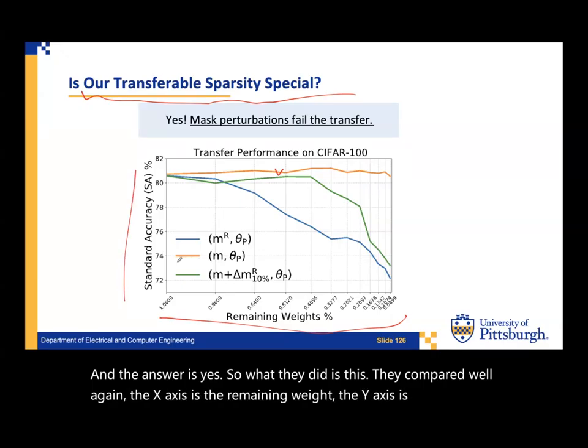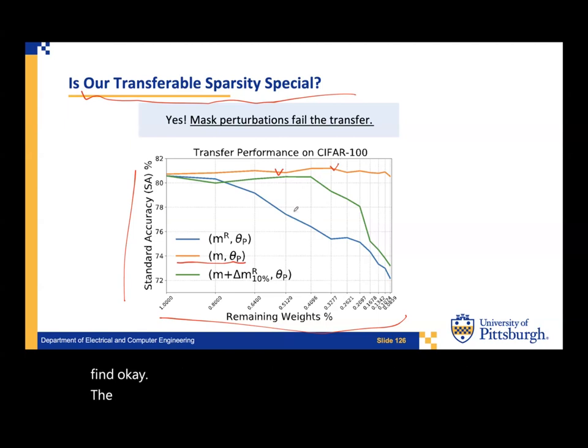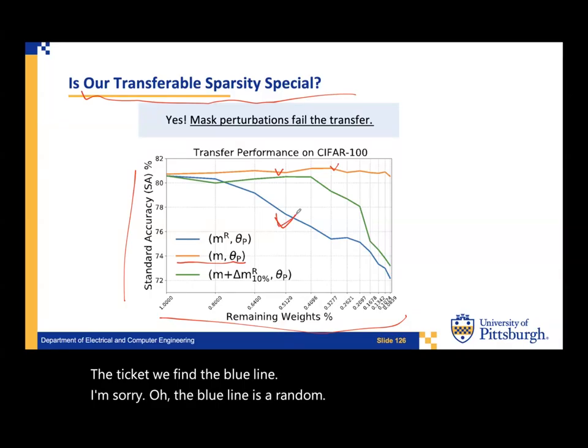The orange line is the one with the ticket we found. The blue line is a randomly pruned network, which has the same sparsity.